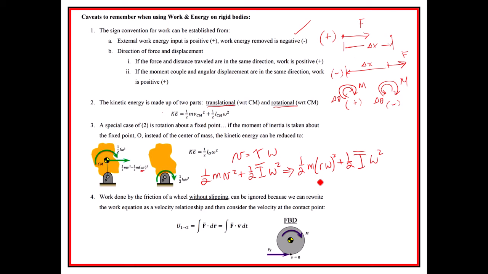You can take the omega squared out and the 1/2, and what you're left with is I bar plus m r squared, which is the parallel axis there. So you have an equivalent I-O that you can use, because you've moved the moment of inertia from being about the center of mass to this point.